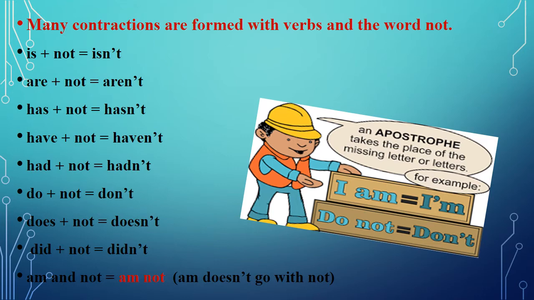Had not. Put them together, cross the O, replace it by the apostrophe. We'll have hadn't. Do not. Put them together, cross the O, replace it by the apostrophe. We'll have don't.